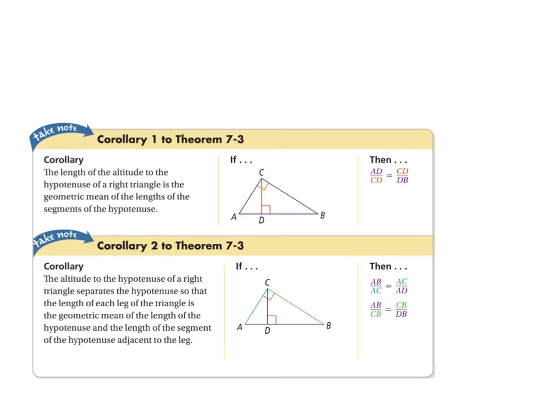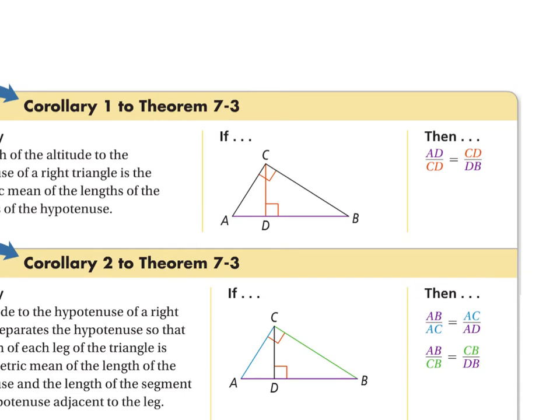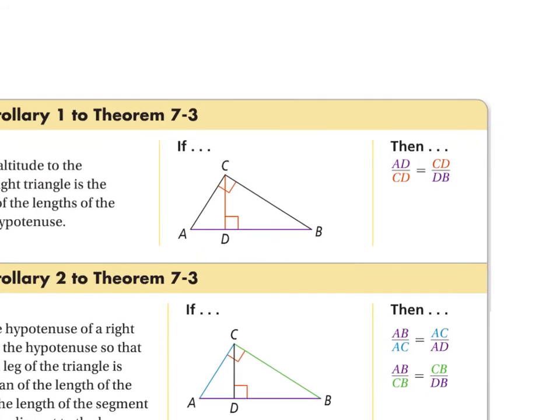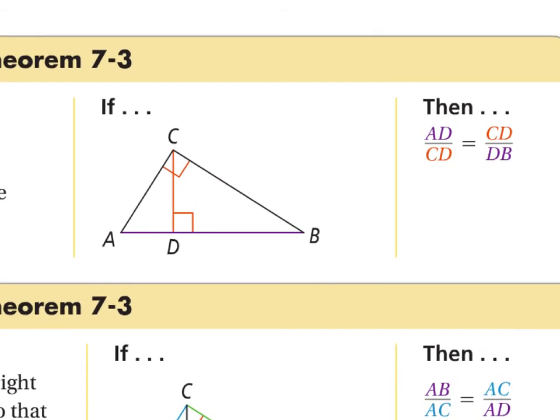So on these, whenever you have this big right triangle that makes these three total triangles, we just said they're similar. So this is something handy to know.